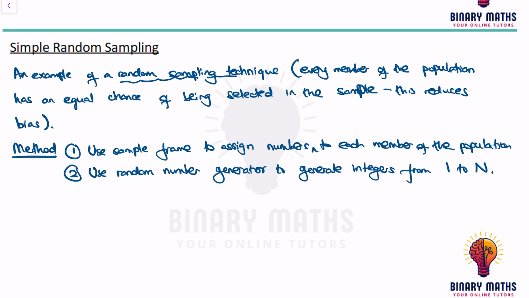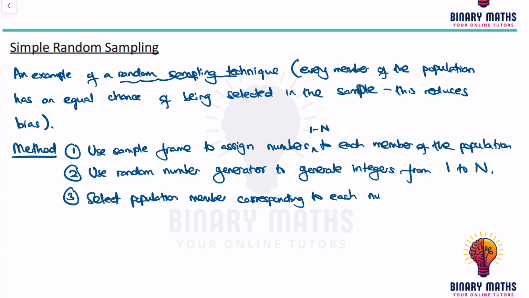Third is select the population member corresponding to each number generated to form a sample.